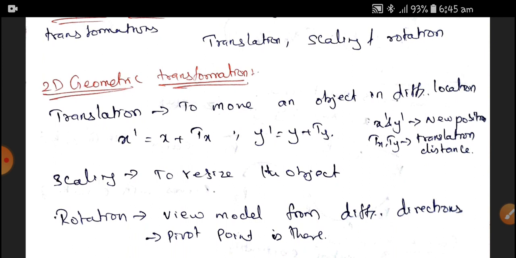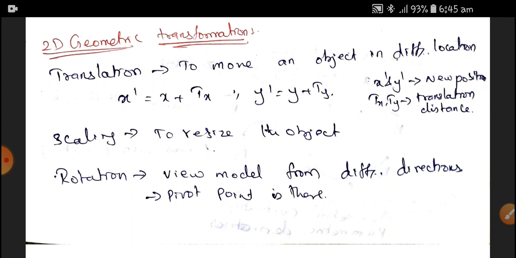Enlarging and reducing are done, and that is called scaling. Rotation is viewing the model from different directions. We pivot on a point, and according to the point, the CAD model can be rotated.